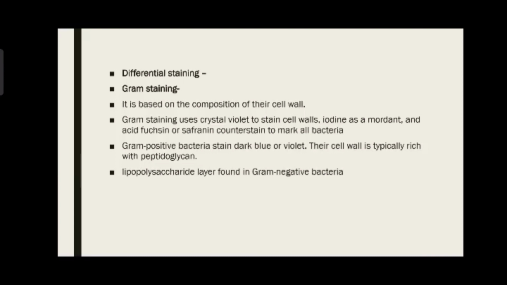In gram staining, mainly two stains are used. They are the primary stain, which is crystal violet in color, and the secondary stain, that is safranin. After the staining procedure, gram positive cells appear in purple color and gram negative cells in red color.